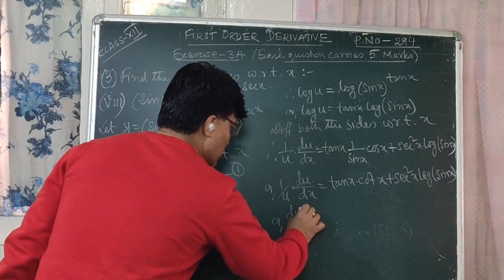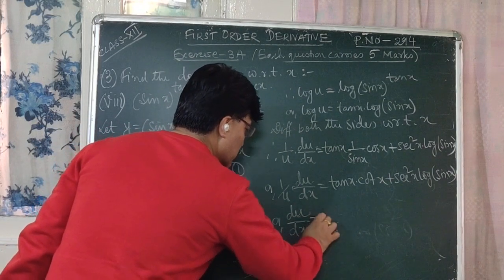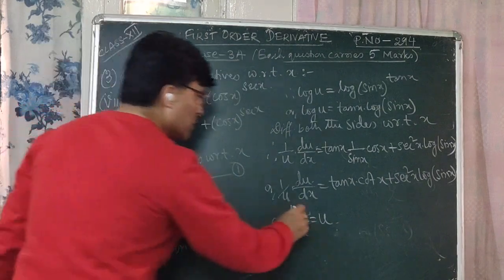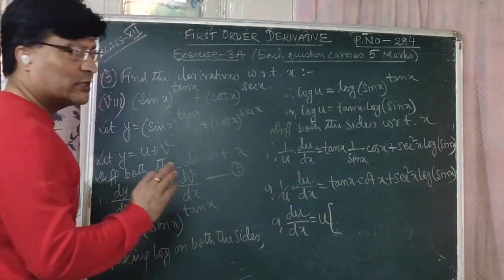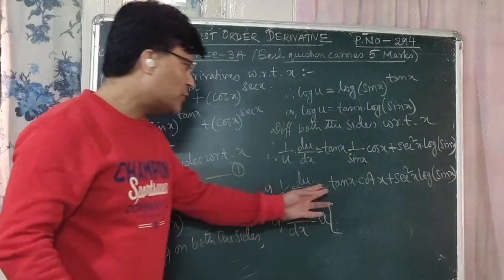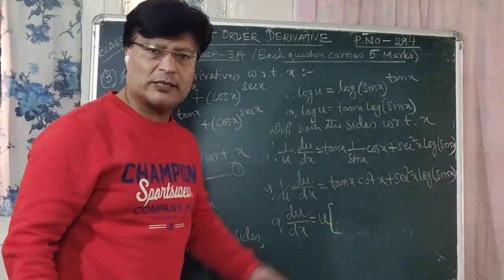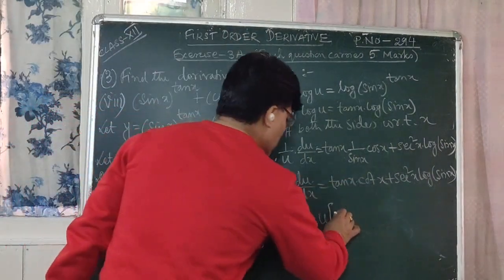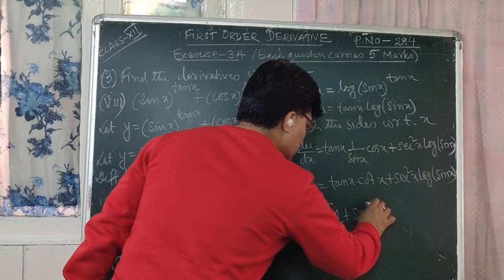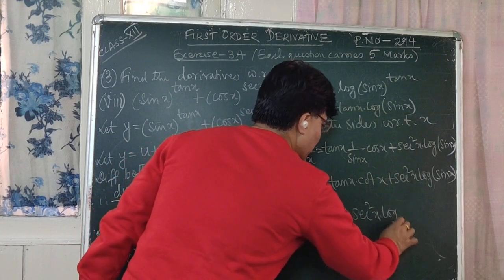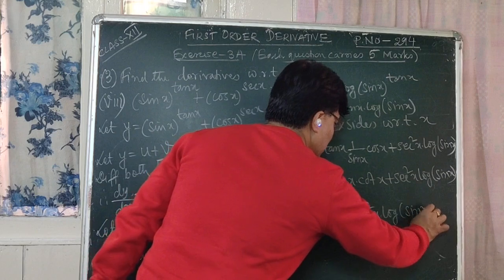Du by dx is equal to, cross multiply by u, within third bracket, what do we get? What is tan x into cot x? Actually tan x is 1 by cot x, cot x gets cancelled, we get only 1. That is 1 plus sec square x into log of sin x.